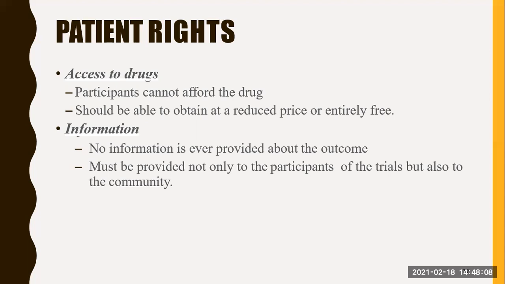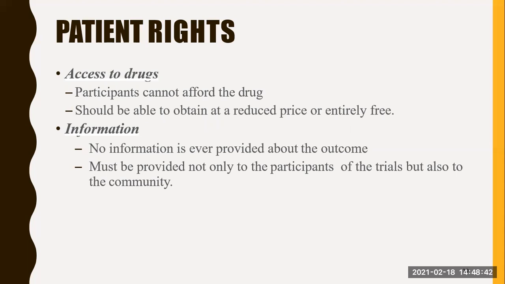Okay. The next is the information. So no information is ever provided about the outcome. It must be provided not only to the participants of the trial but also to the community. So usually it happens that the clinical trial gets over, the data is submitted to the FDA, FDA takes some decision, but whatever decision related to that medication is never communicated to the participants of the clinical trial.